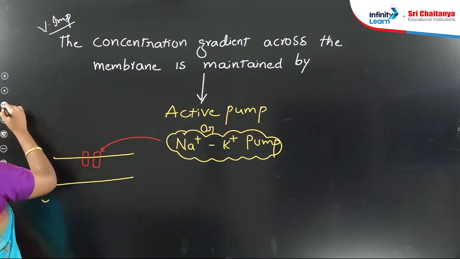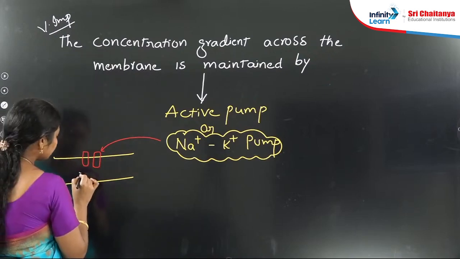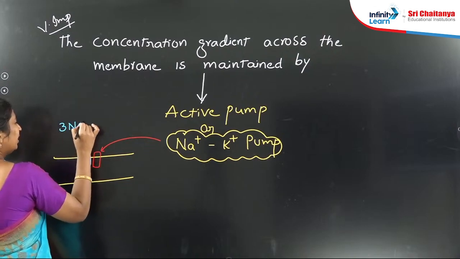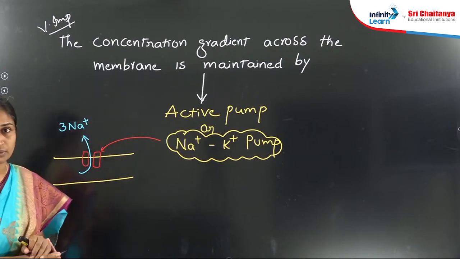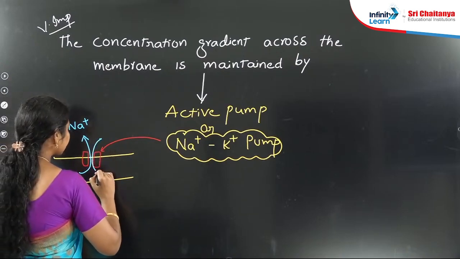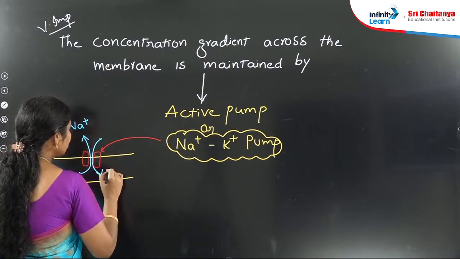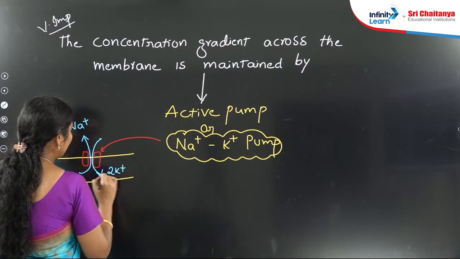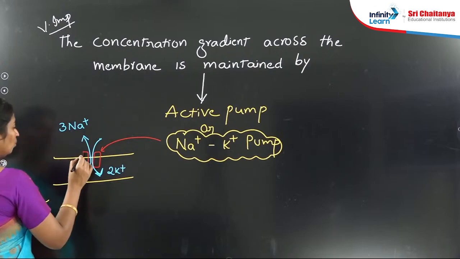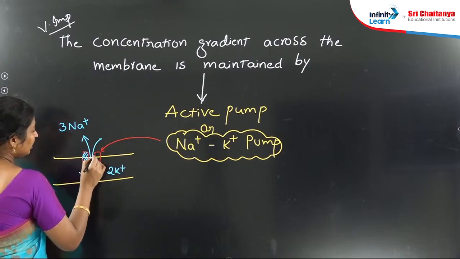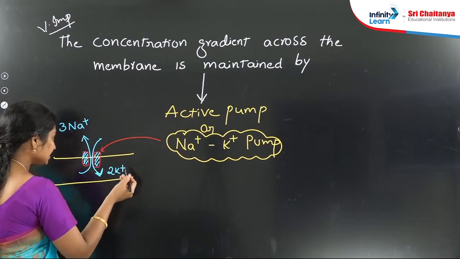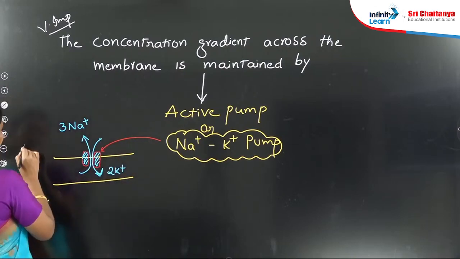This sodium potassium pump allows 3 sodium ions outside, and simultaneously it allows 2 potassium ions inside. This channel plays an important role in the movement of 3 sodium ions outside and simultaneously 2 potassium ions inside, at the cost of ATP.